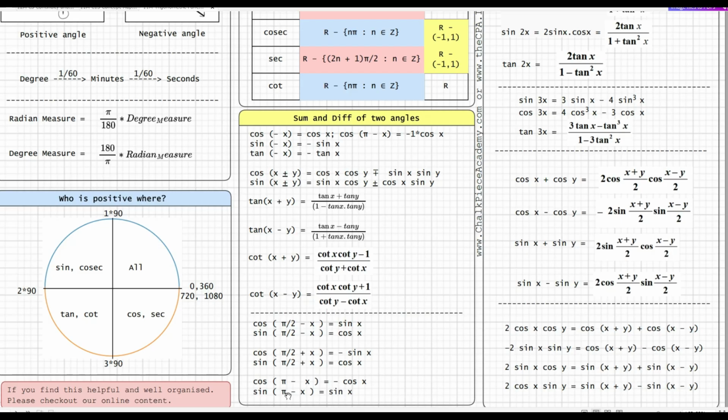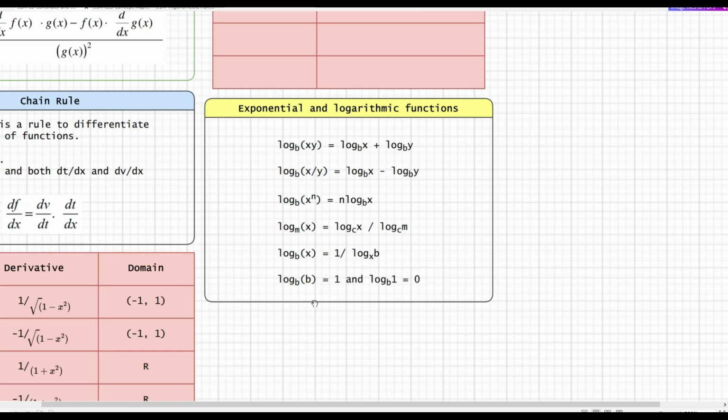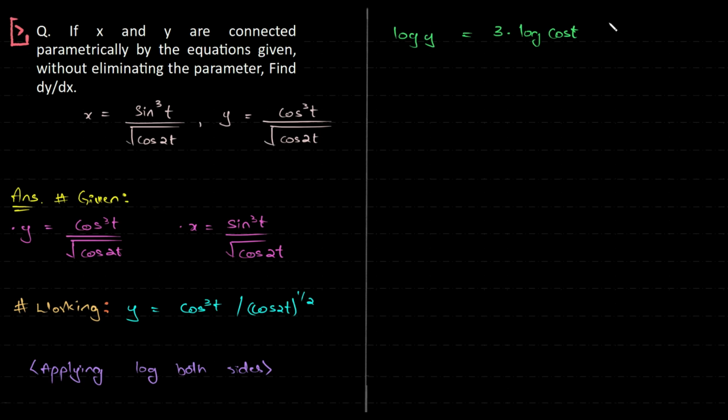What laws am I using over here? Yes, one is the power and one is the quotient. So we will have negative half log cos 2t.